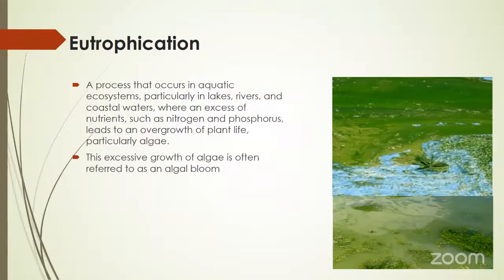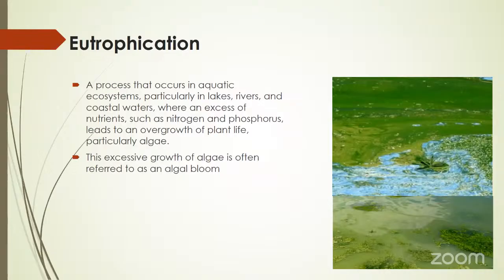We are in UNILAG. If you stand in Science and look towards the Physics side, at times during the dry season, you will see a lot of algal growth on the water, to the extent that somebody that is not familiar with the environment can think it is just ordinary grass and the person might just sink inside the water. So when we have excess nutrients like dead organic matter in water, then you have excess algae growing on top of the water, and that is what is called algal bloom.